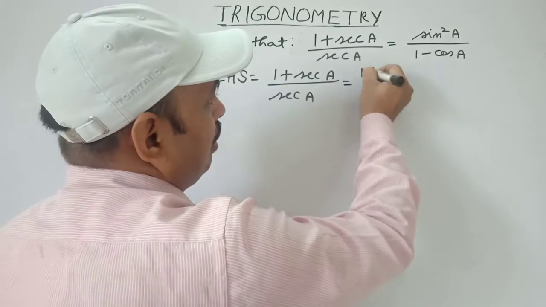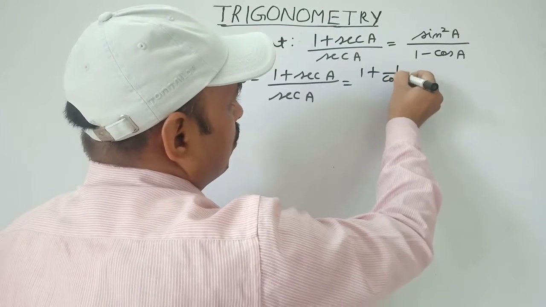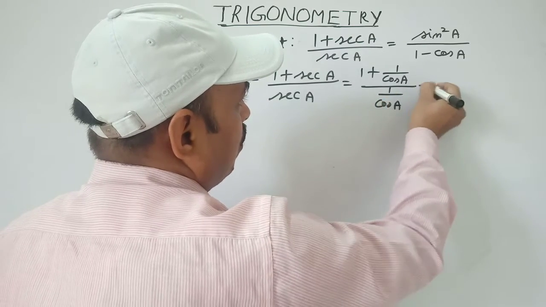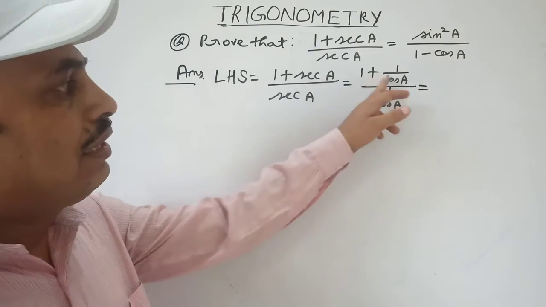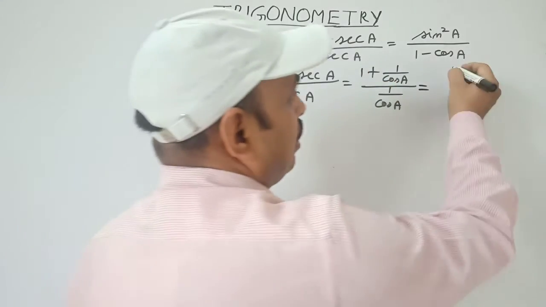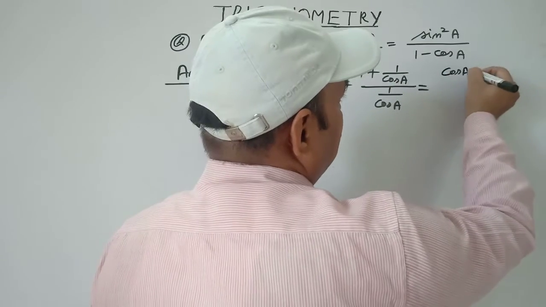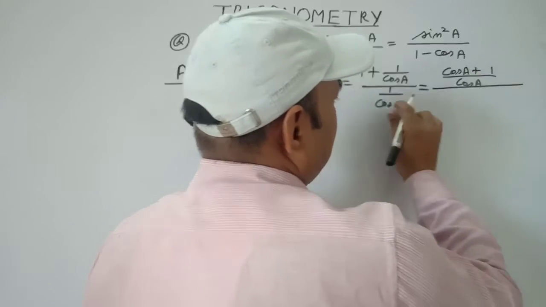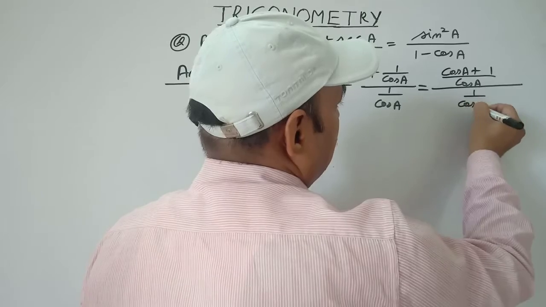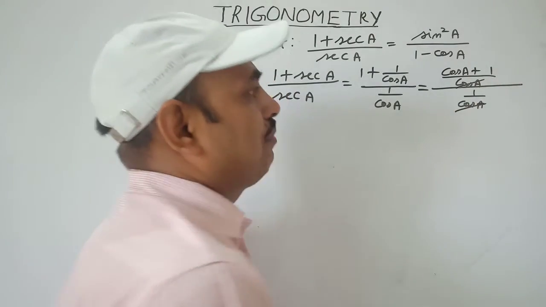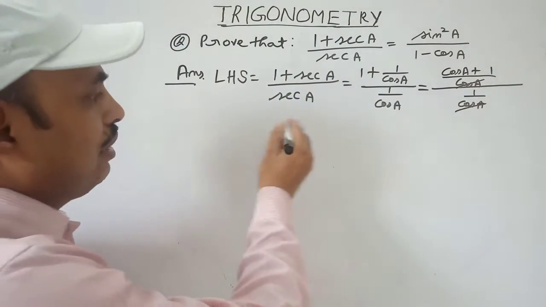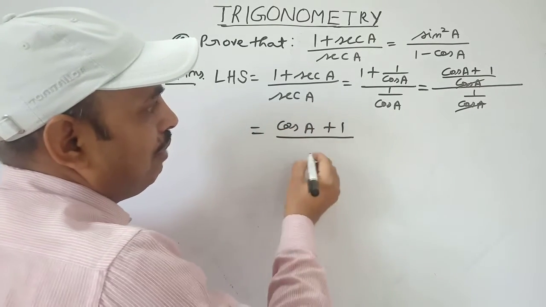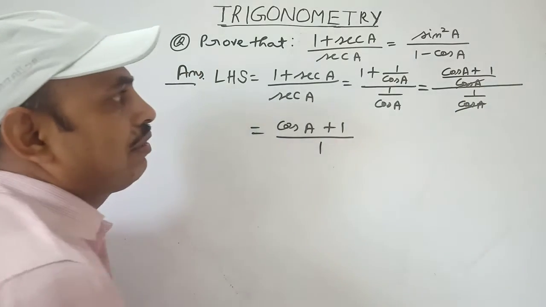So this is equal to (1 plus 1 upon cos A) divided by 1 upon cos A. Take LCM in the numerator: 1 into cos A, cos A. So (cos A plus 1) divided by cos A. This is main division, 1 upon cos A. Cos A will cancel cos A. So this is equal to (cos A plus 1) divided by 1.